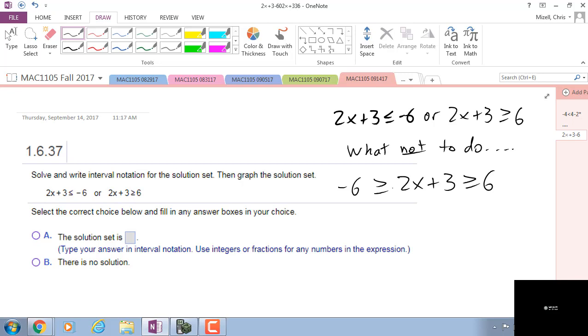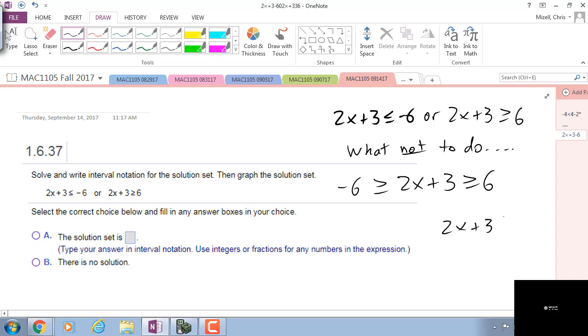If I were going to take what I have right now and say, well, let's write this as two separate inequalities rather than a three-part inequality, two separate ones, it would look like this.